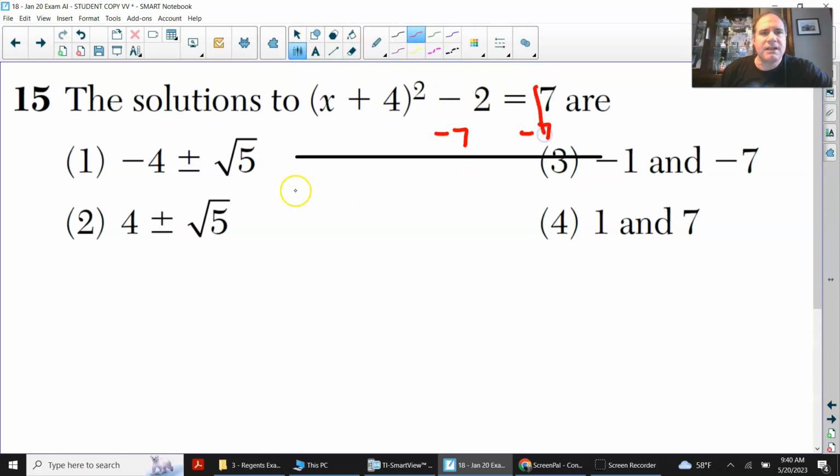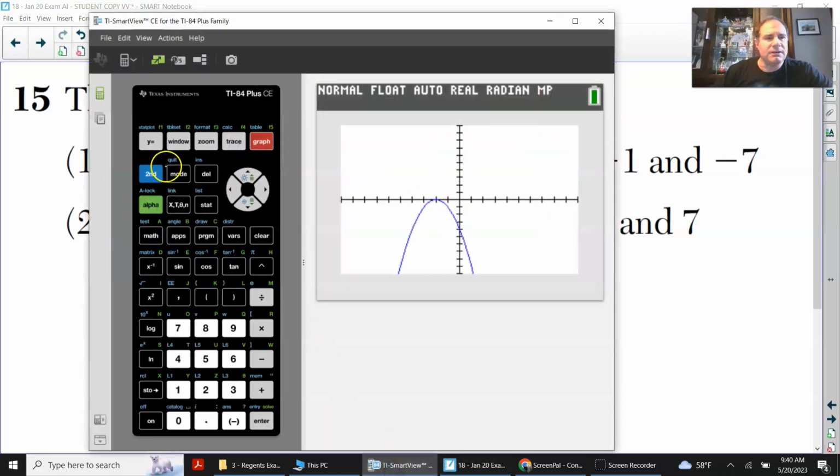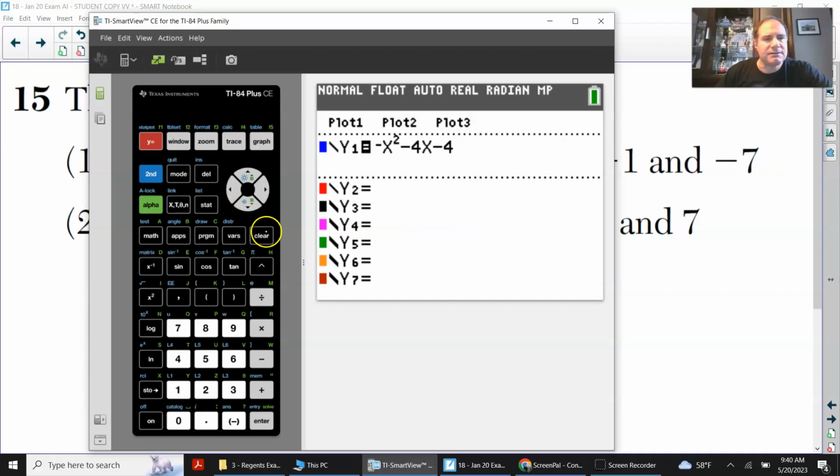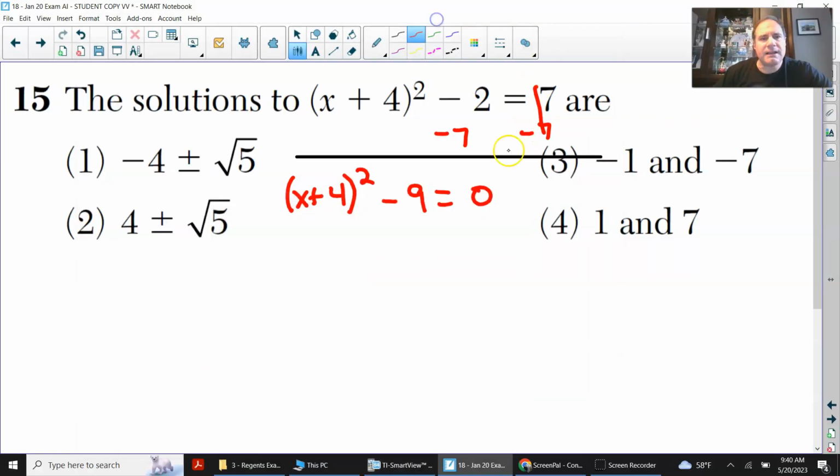So this cancels out and you have x plus 4 squared minus 9 equals 0. Now I'm going to grab my calculator and put x plus 4 in parentheses, and I'm going to make sure that I get this right. Squared minus 9.